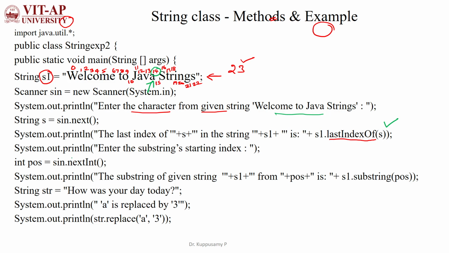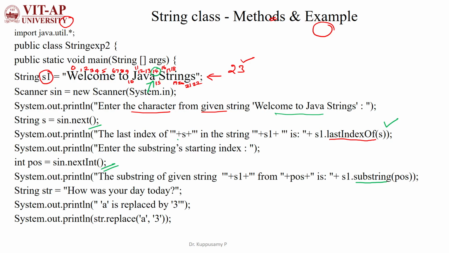And next, we are trying to identify the position of the substring. Here we are creating the substring from a particular position. I will give the index for the starting position, and from that starting position the substring will be created.